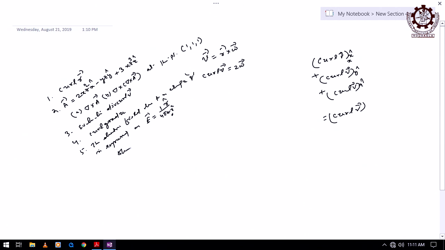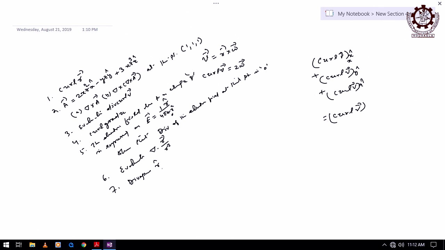Then show that the divergence of the electric field at that point is 0. Then evaluate the divergence of r vector divided by r cubed, and evaluate again the divergence of r unit vector, where r is the position vector. Of course, you have to show this one, maybe number 8.